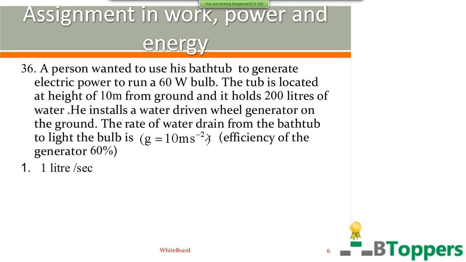Now the power to be used by the bulb is 60 watts. That means the power output can be taken as equal to 60 watts here, and the efficiency is 60%. That means the power output is 60% of the actual power. You can write power output equals 60 by 100 times the actual power.